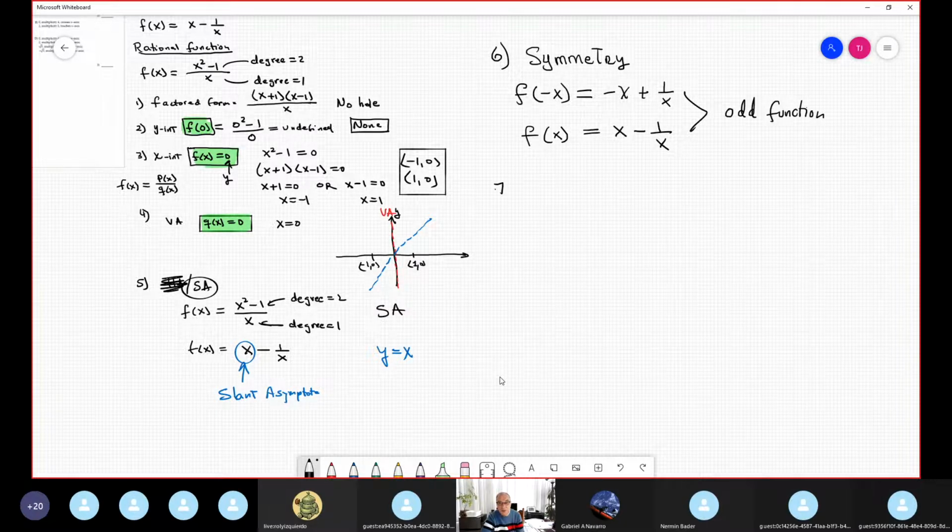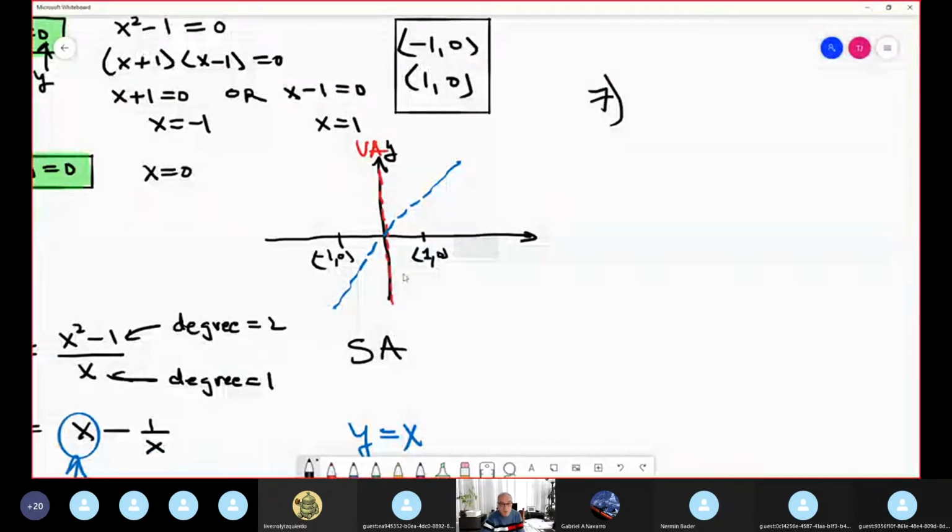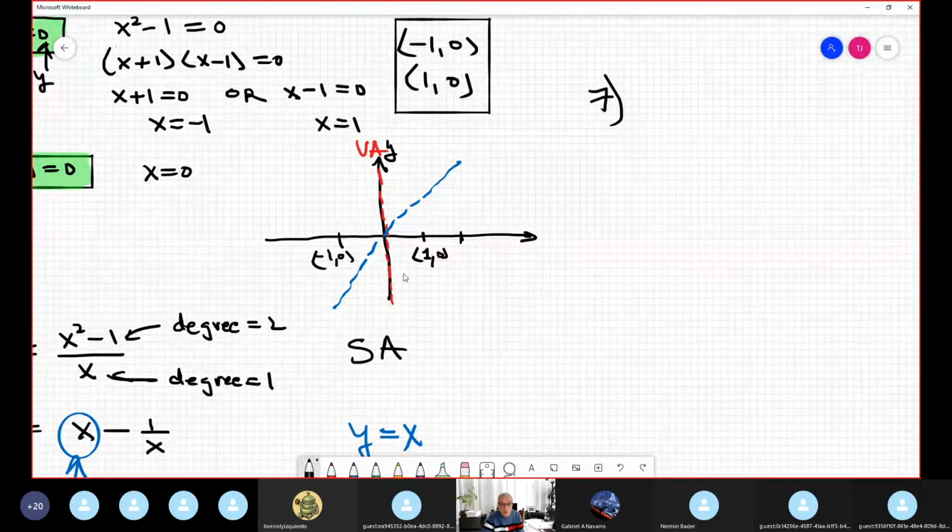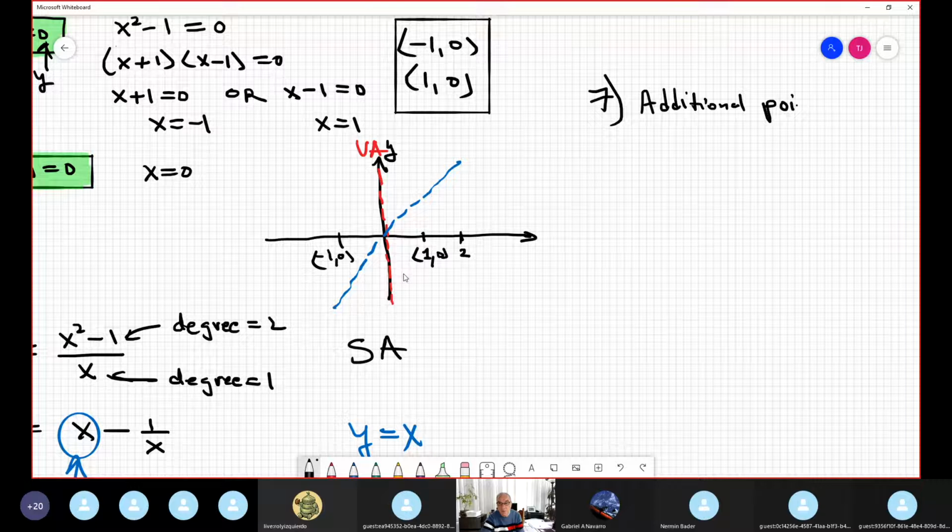And when you pick in step 7 the typical points, then we take advantage. For example, I pick here, I focus again on the rough sketch, you pick, for example, 2. It's an arbitrary point, and step 7 is additional points. How many points? Well, 1 here, 2, and 1 point here at 1/2, in between 0 and the x-intercept.